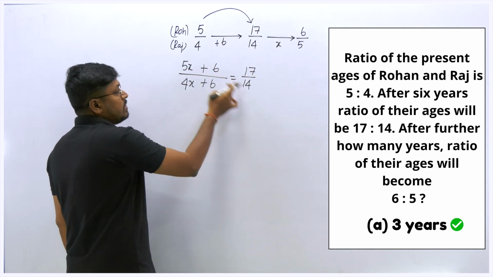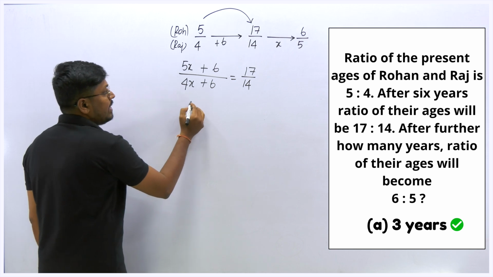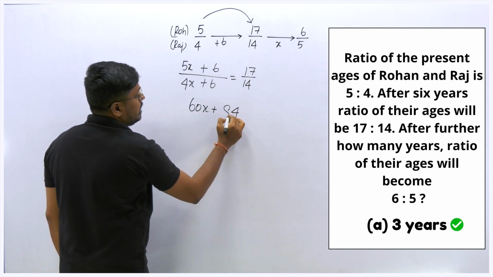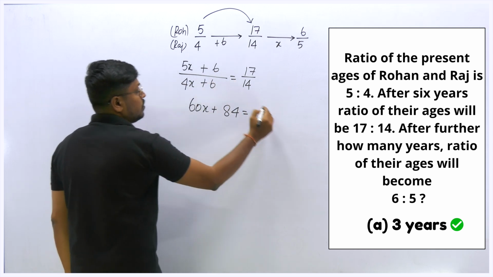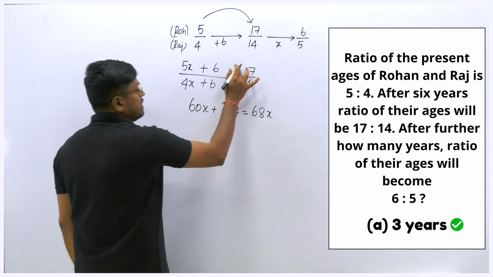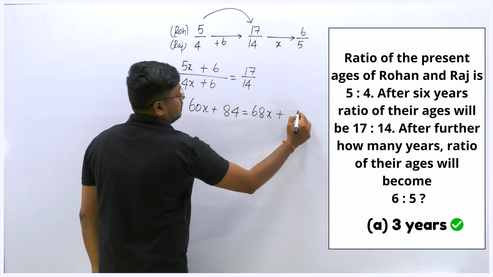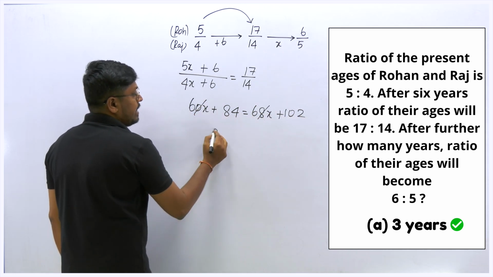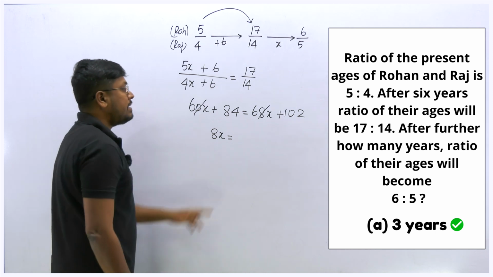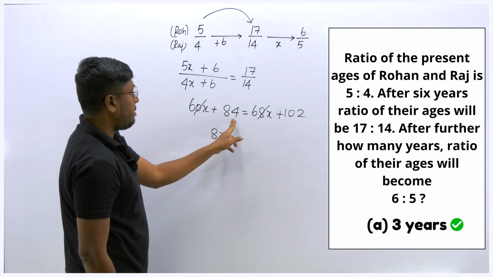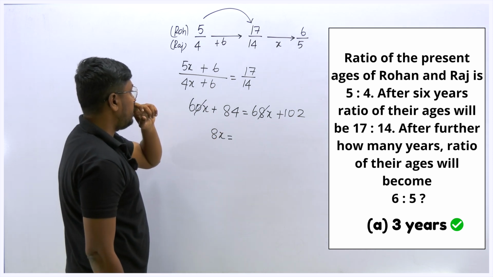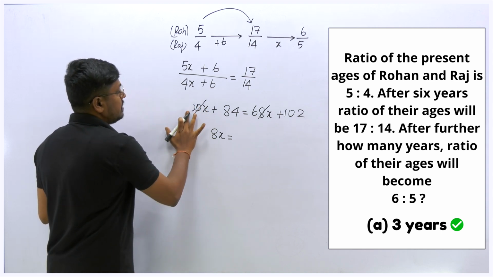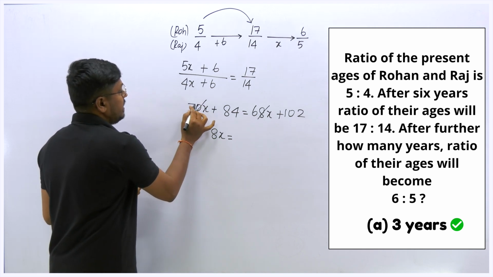So now when you cross multiply, 5 4s are 20, this will be 70x, 6 4s are 24, so 84 is equal to 80x. Sorry, I made a mistake earlier.